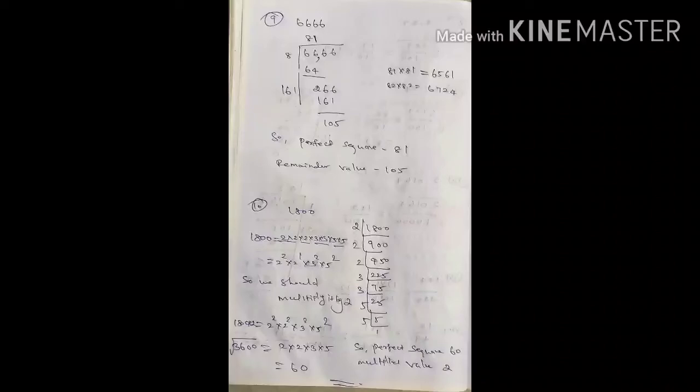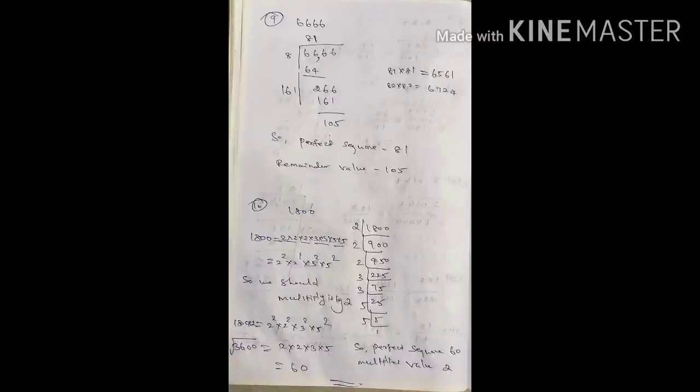So I put 1 only, 161 ones are 161, remaining value 105. So 81 multiply 81 equals 6561. This is a perfect square. The next perfect square coming means 82 multiply 82 equals 6724, which is more than 100 extra.